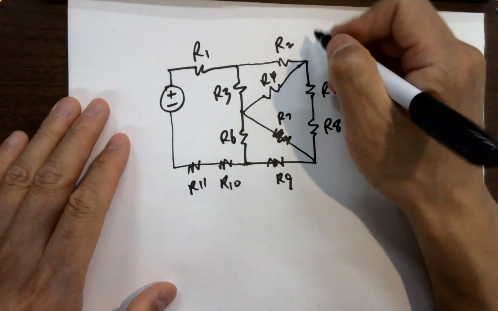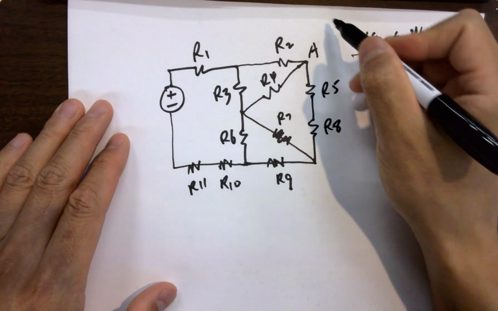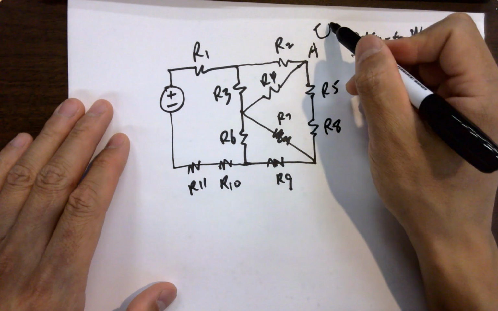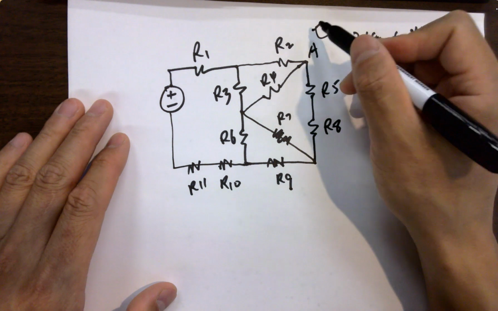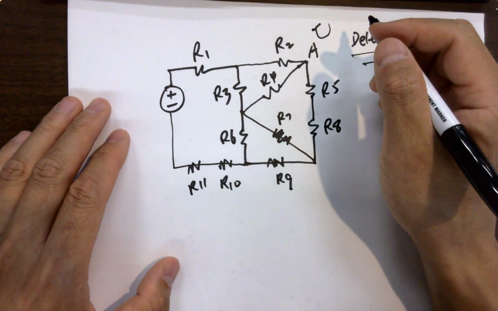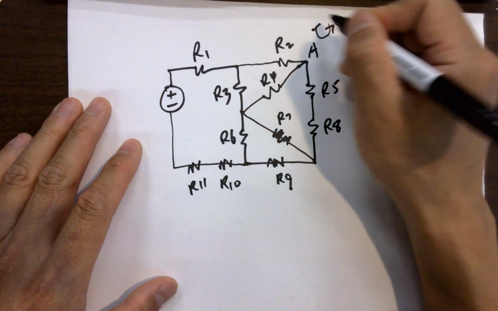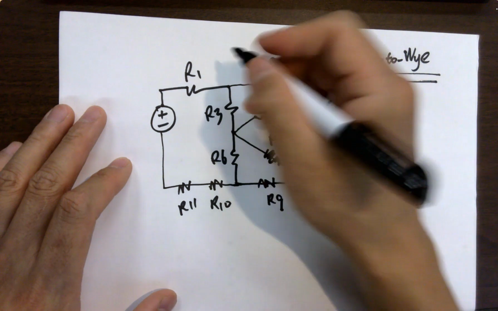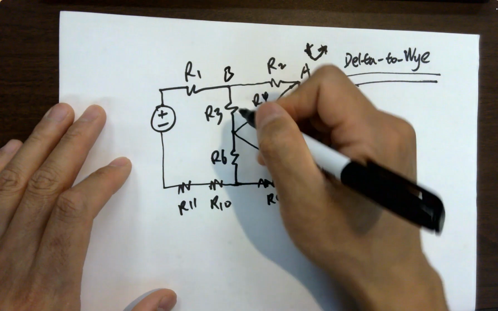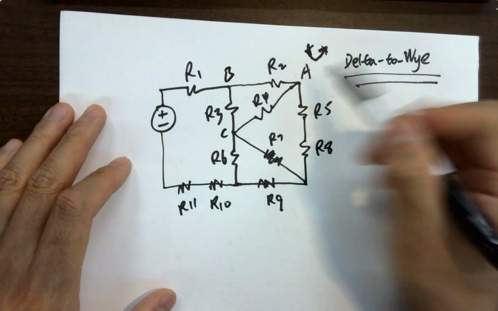For example, I label here as A, because counterclockwise is this direction. No, wait, is that clockwise? Yeah, clockwise actually. A, B, C. Oh, counterclockwise, this direction. Counterclockwise, A, B, C. So we are converting this triangle now, okay?